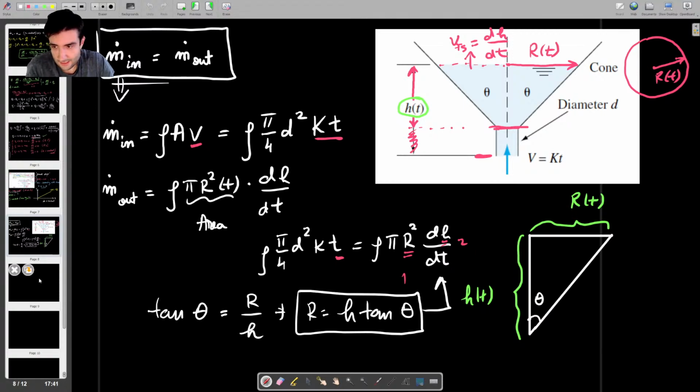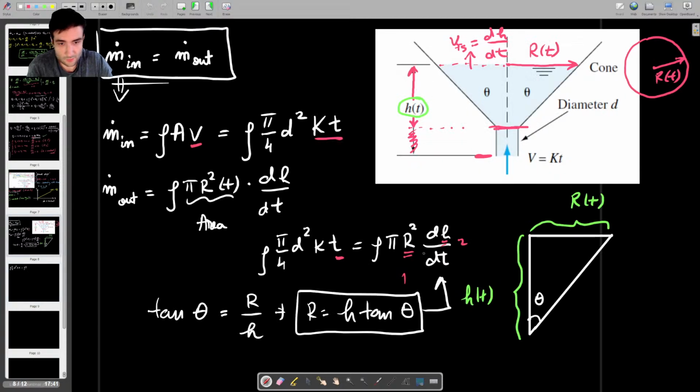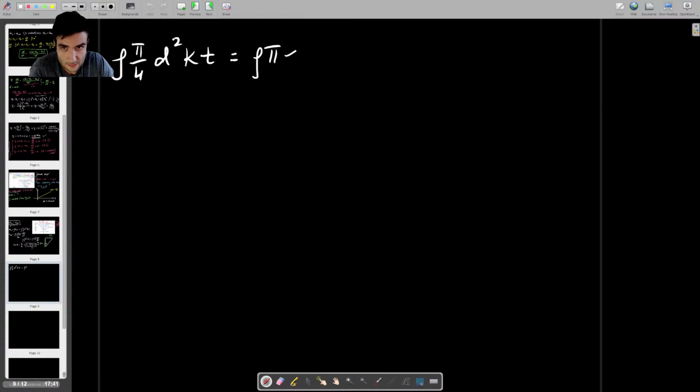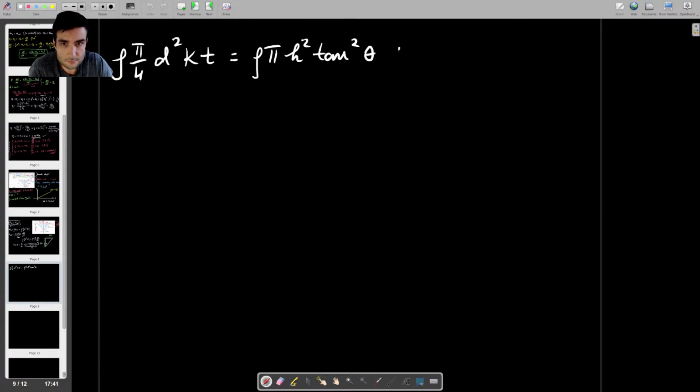And then I have rho, and I have pi. Now instead of r squared, I'm going to write this as h squared tan squared of theta, and then dh by dt.